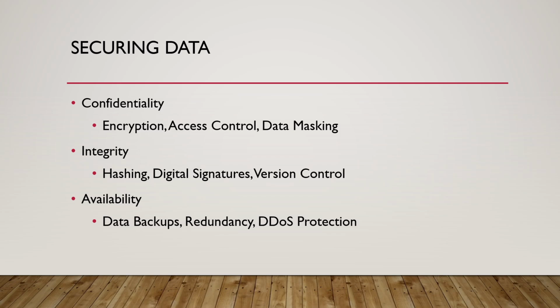Confidentiality makes sure that only authorized individuals are seeing this data, but how do we enforce it? There are different methodologies we can use. For one, encryption. We can encrypt the data at rest or in transit, and if it's intercepted, it can't be read without the appropriate decryption keys. We could use access control to make sure only authorized users can access the sensitive data.